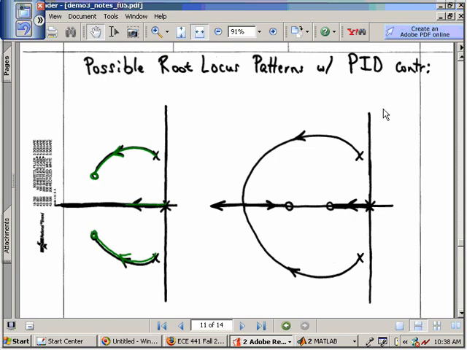The pole at the origin that's due to the integrator would then just march off to negative infinity, and we might locate our dominant poles or select the gain value so that we get our poles there. And what we want to do is have those to the left of 8 and also within this wedge of 45 degrees. We want those dominant poles to be somewhere out in that particular region.